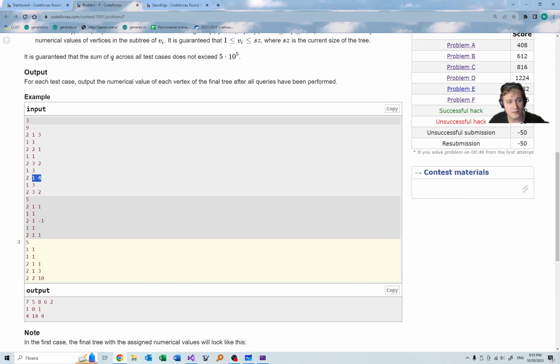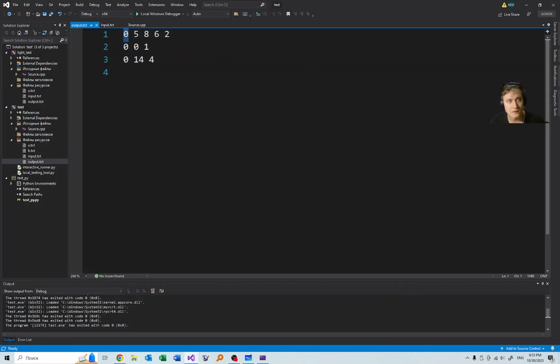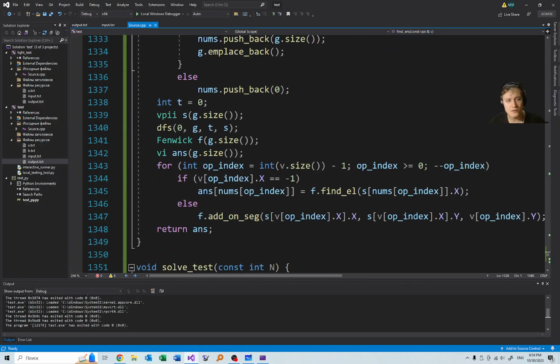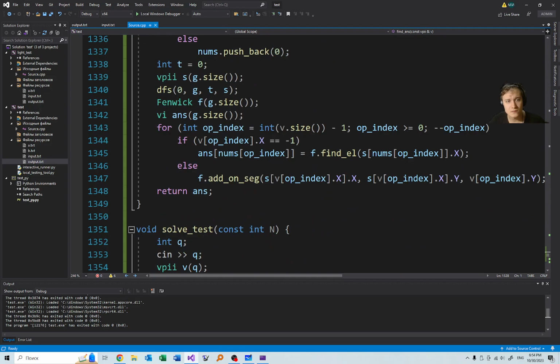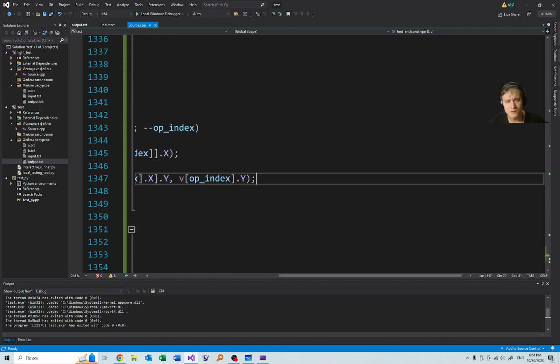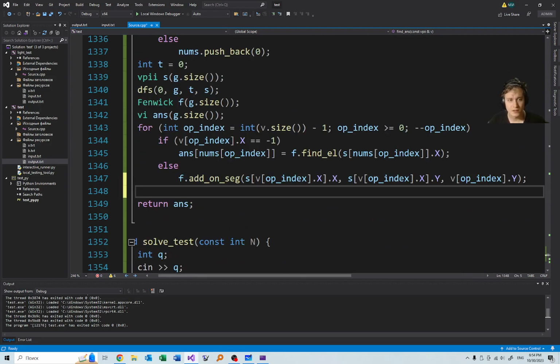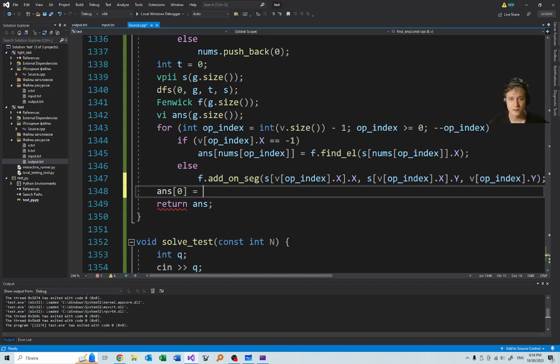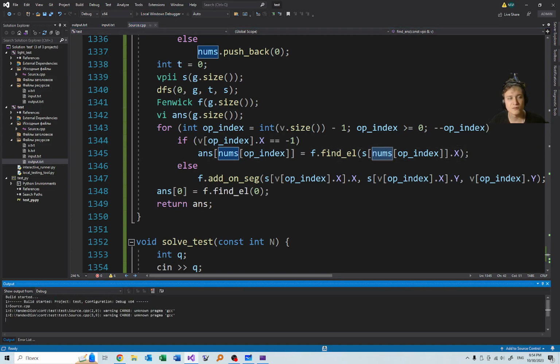That is understandable, because I also needed to say that ans0 is f.findL of 0. Unfortunately, because 0 is not anyone's nums, so it was never added in the tree.